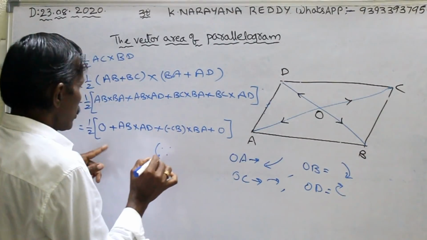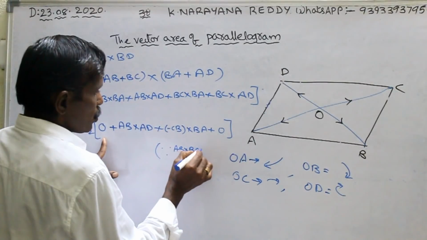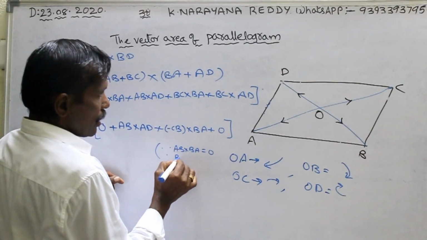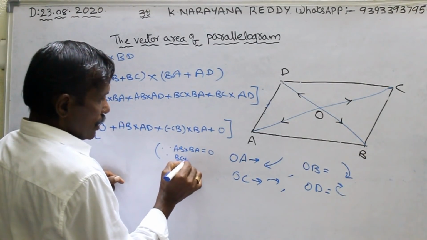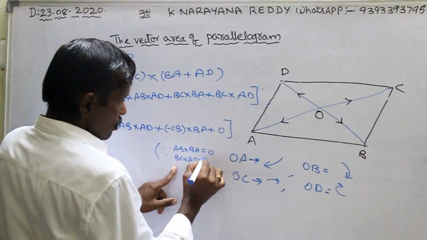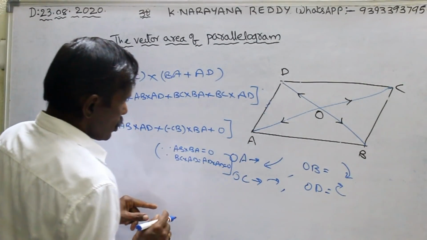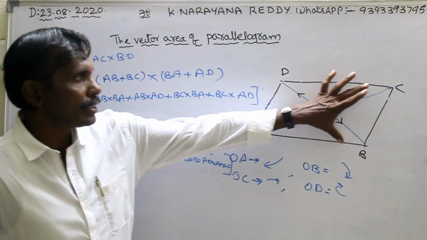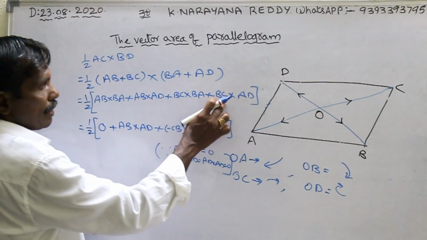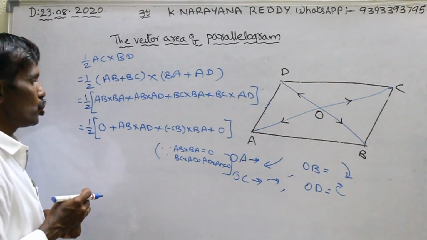Since AB cross BA equals 0, also BC cross AD equals, BC means what? AD. AD cross AD equals 0. Yes or not? BC is nothing but AD in a parallelogram. AD cross AD is 0, because I cross I equals 0.